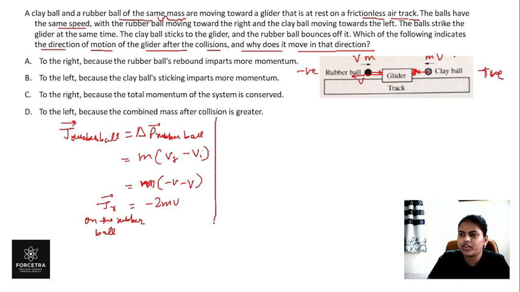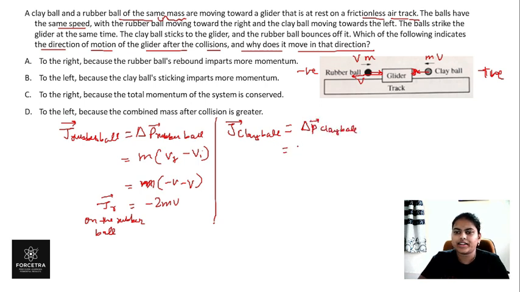And for the clay ball, the final velocity in this case is 0. So I can write J for the clay ball is equal to the change in momentum of the clay ball. So mass into final velocity minus initial velocity of the clay ball. The final velocity is 0 and the initial velocity is negative v.